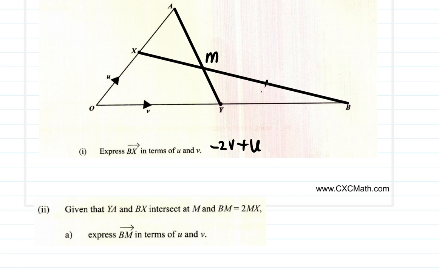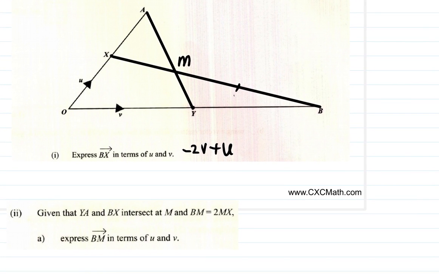Why I put that there is because I want XM to be this same distance here, and the same distance here. You want BM in terms of U and V. Now, let's see what's going on here. Remember, BM is in this direction. BM is equal to what?